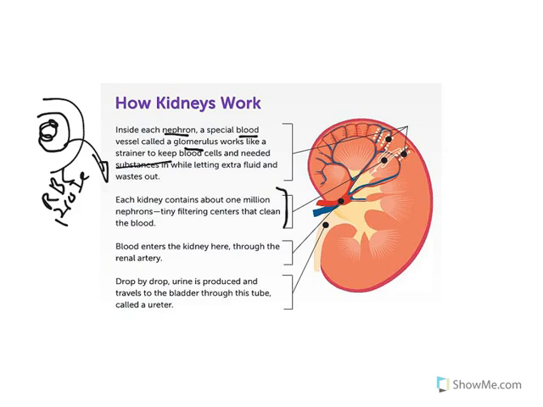Each kidney has 1 million nephrons. Blood enters the kidney, gets cleaned, and drop by drop urine is produced, concentrated, and travels to the bladder through this tube, and is then excreted outside of the body.